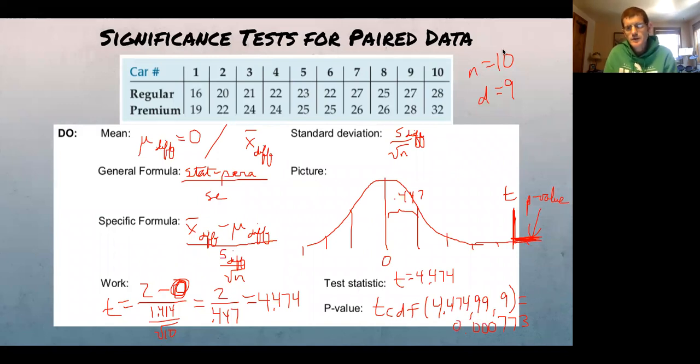So there's only a 0.08% chance of getting this kind of result by random chance, assuming that the null hypothesis is true. So we can reject the null hypothesis.